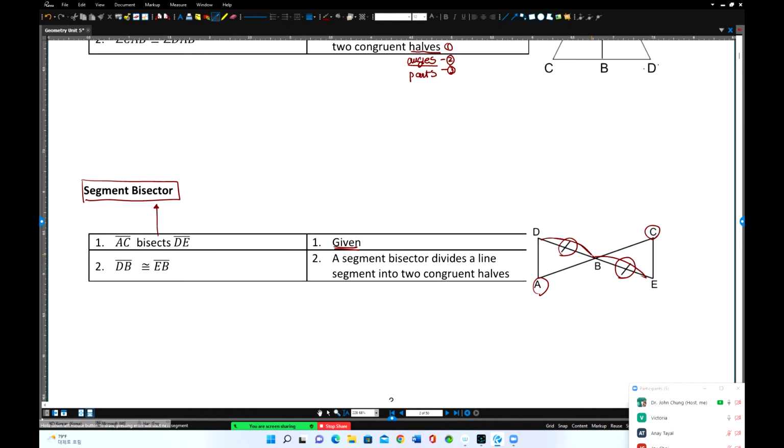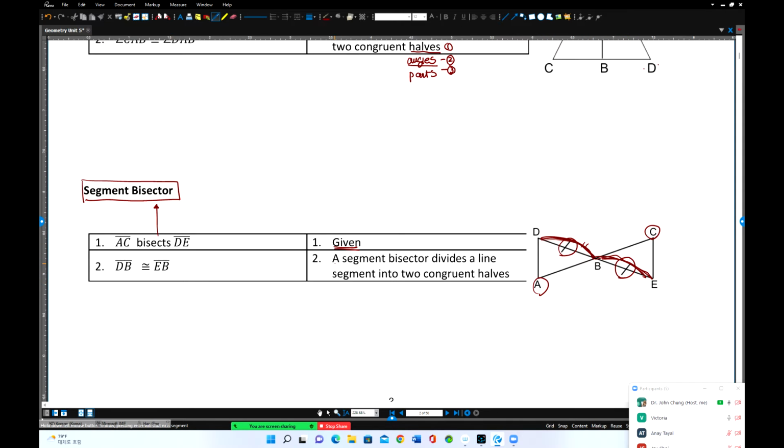So the length of DB, this magnitude, and the other side's magnitude must be equal. We don't know how much length, what the measure is, but there must be the same number. If you measure these two, they're going to be equal, we know that. That's why we use congruent. So DB is congruent to BE.